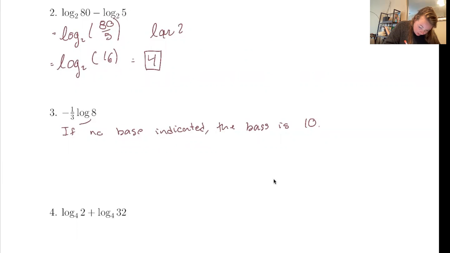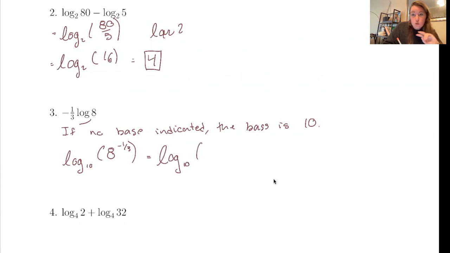Law 3 says that we can even write log base 10 if we wanted to, that coefficient can become an exponent. And now we can use exponent rules. So a negative exponent switches my fraction. So this is like 8/1, so it's going to be 1/8 to the 1/3.